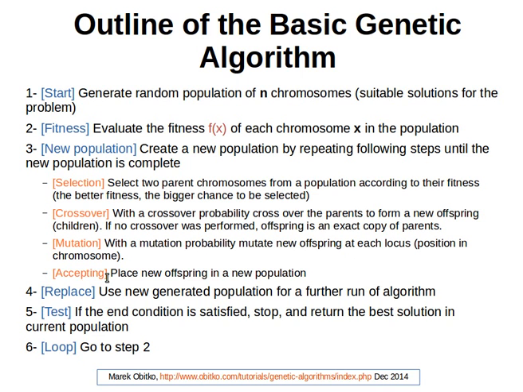And then after that, we just place the new created solutions, the new chromosomes, in the new population, and we just use the new generated population for a further run of the algorithm. So we sort of get rid of the older population from the last iteration, and then we use the new one to perform another iteration.